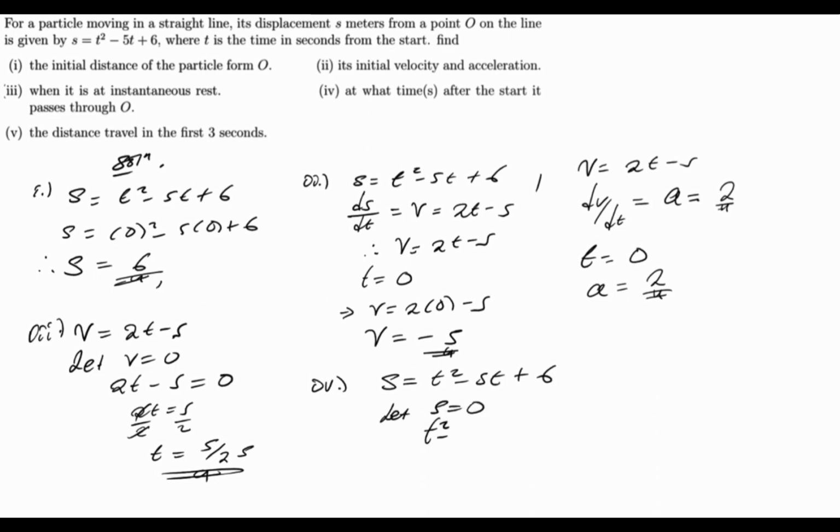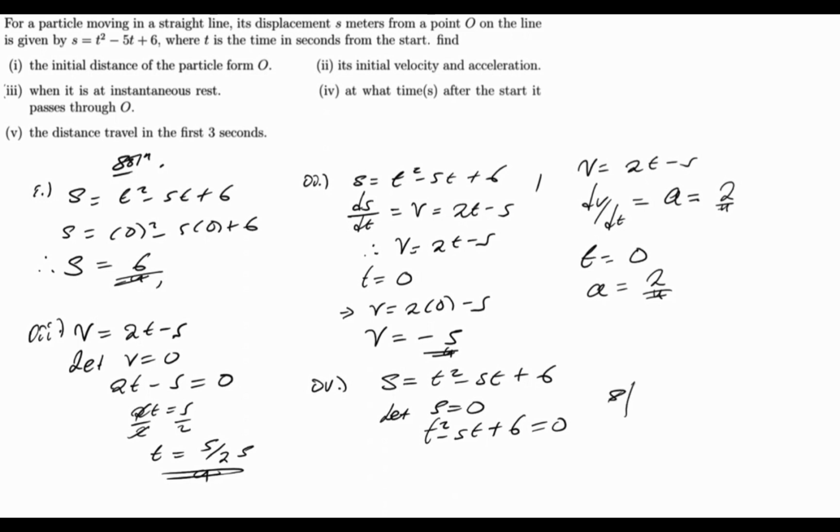So I have t squared minus 5t plus 6 equal to 0.